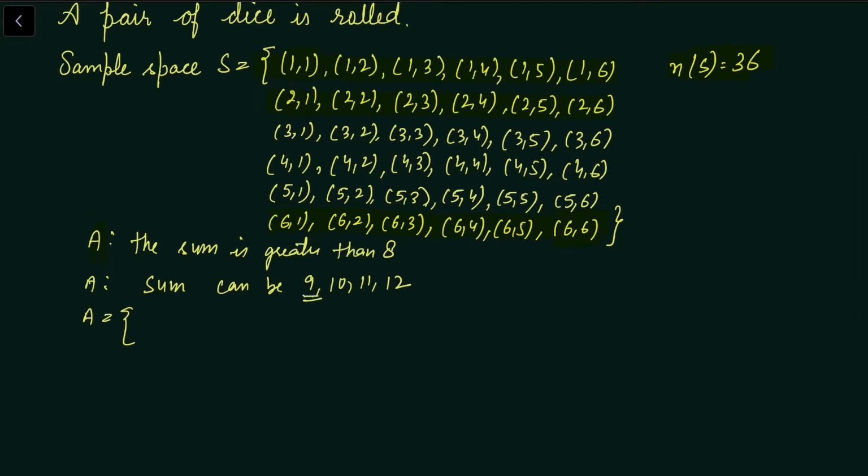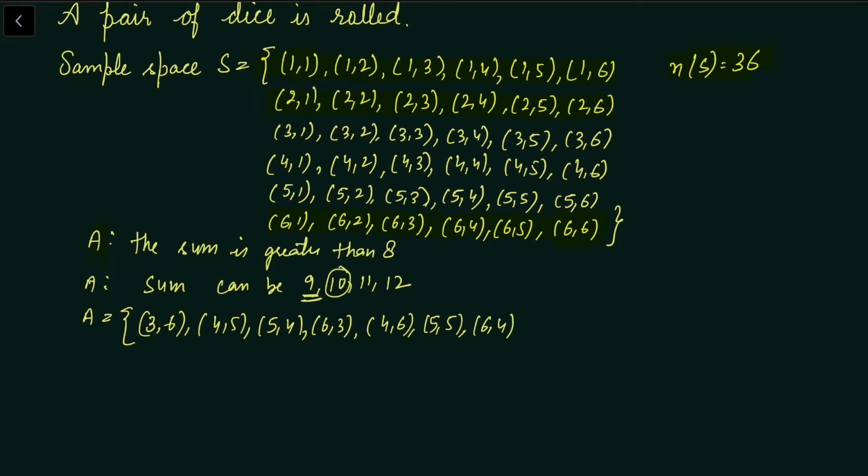Sum 9: 3 6, 4 5, 5 4 and 6 3. These are 4 outcomes in which the sum of the numbers on both dice is 9. Now for sum 10: 4 6, 5 5 and 6 4.